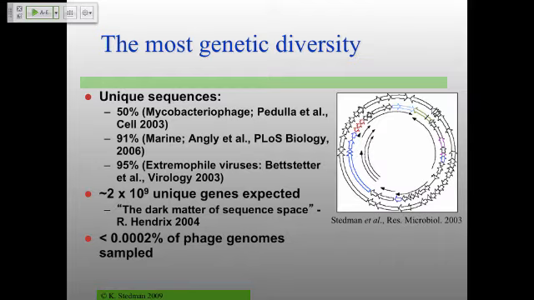So this is the dark matter of sequence space. And then some of the extremophile viruses are 95%. One of my favorite viruses here, the SSV viruses, have one of their 35 genes that are similar to other genes in databases. So it's a ridiculously small amount of virus sequence diversity that we know about. And this is just an absolute estimate here.